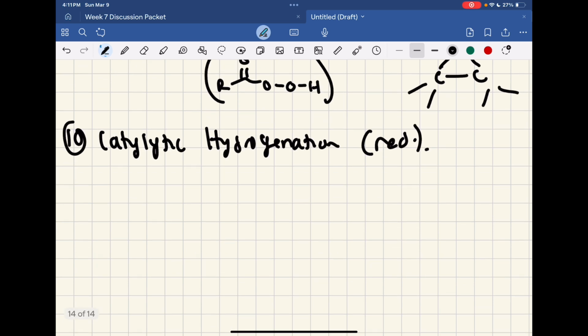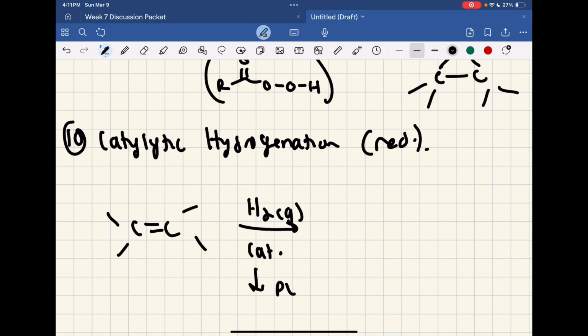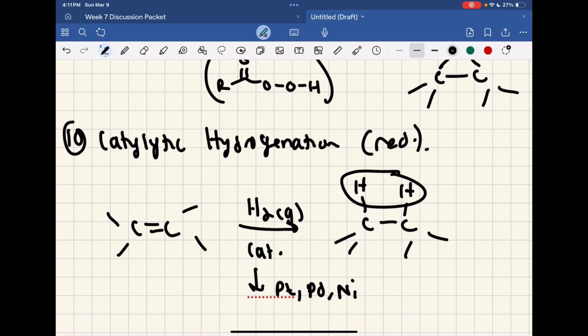Okay, and we don't cover a mechanism here, but if you had a generic alkene, H2 gas, and some sort of catalyst, we could see that catalyst be platinum, palladium, or nickel. Any of those work. We essentially will have hydrogens add across the double bond. More specifically, these hydrogens add in a syn orientation. This is stereospecific.